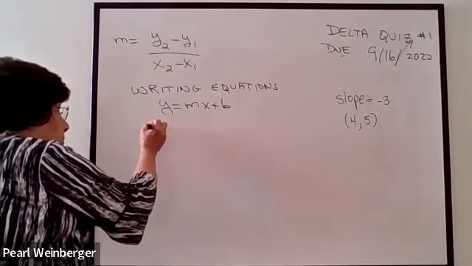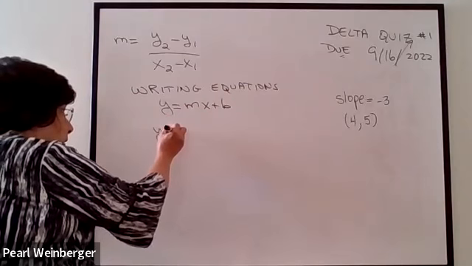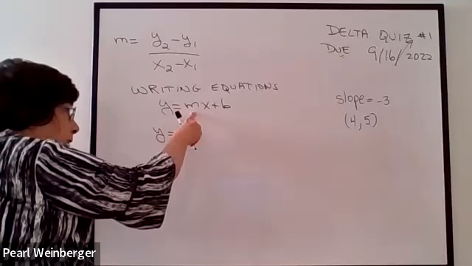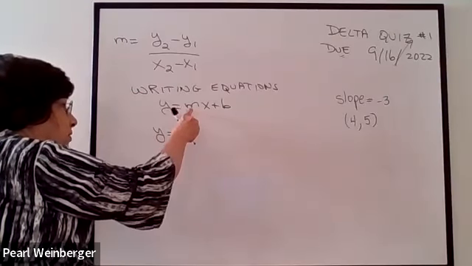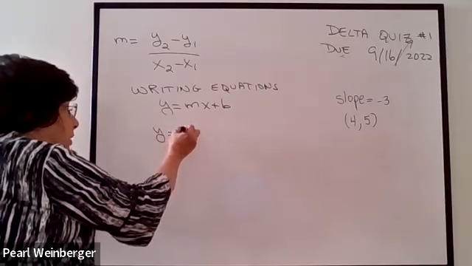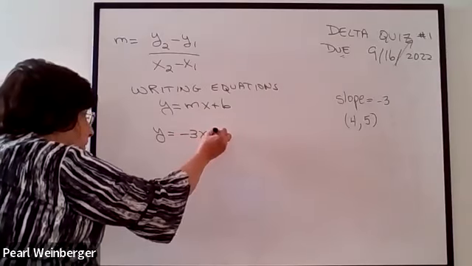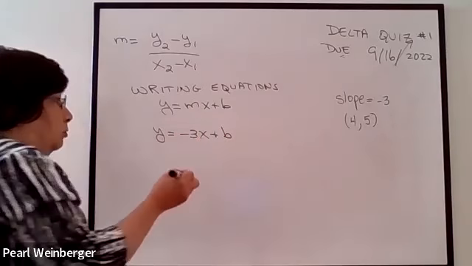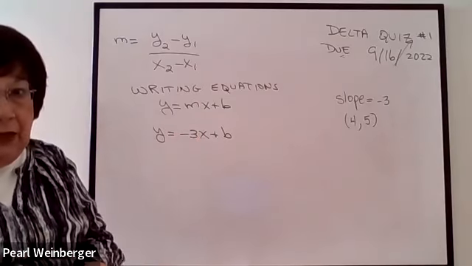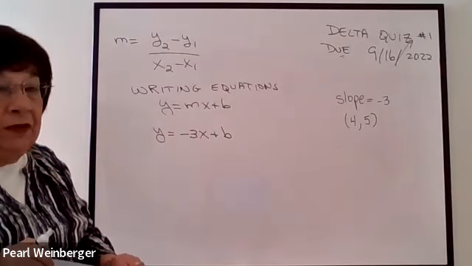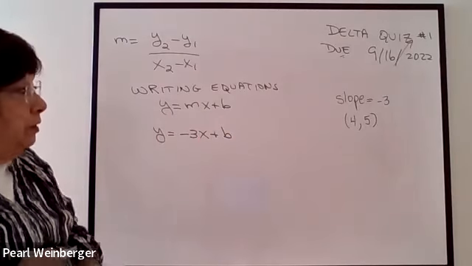So again, I first put in my m. I know in this case the slope is -3, so I can write this as y equals -3x plus b. The thing that I still don't know is what is the b. I have to find the y-intercept.